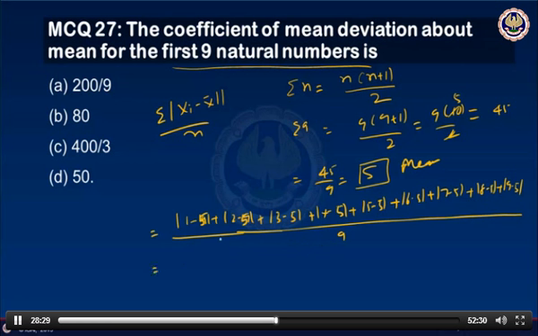After computing all this, the sum is equal to 20 by 9, and this is the mean deviation from mean.